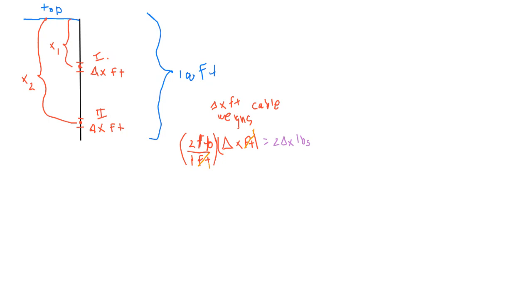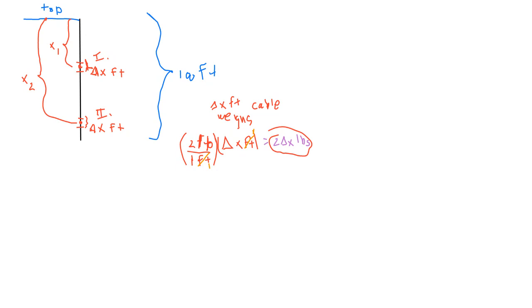So again, delta X here is the width of that piece of cable. Both pieces of cable have the same width, and since the cable weighs 2 pounds per foot, piece 1 and piece 2 each weigh 2 delta X pounds. Now my question is, which is going to take more work?